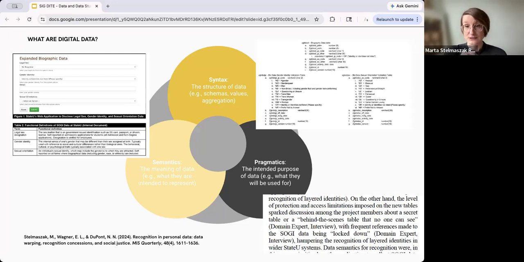Now, the argument that I would like to make is that with digital data, we have far more flexibility, ease, and possibility of changing the semantics, syntax, and pragmatics of each data point than we had with previous generations of data. So, as you can see in this case, we can change the syntax, the semantics, the pragmatics, and we end up with a very different data point.